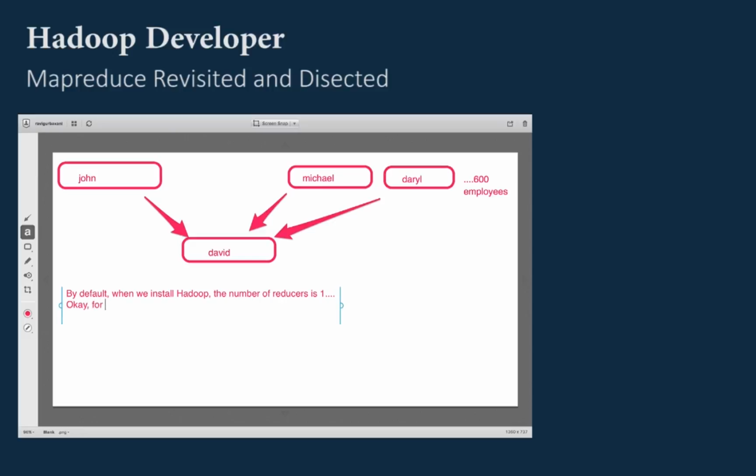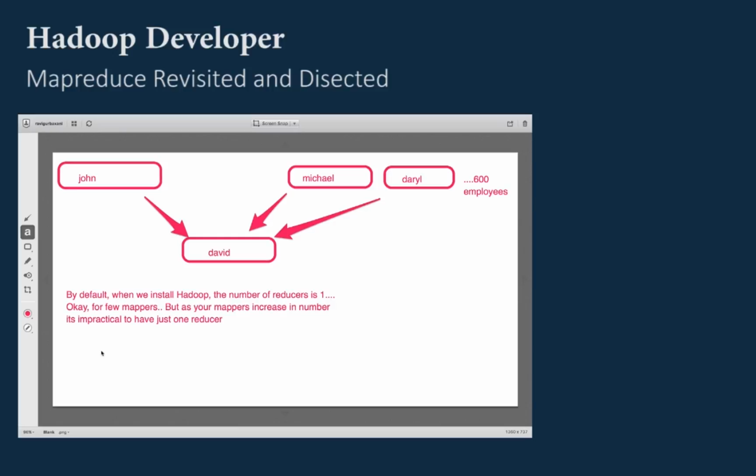It's okay for few mappers, but as your mappers grow, it's impractical to have just 1 reducer.